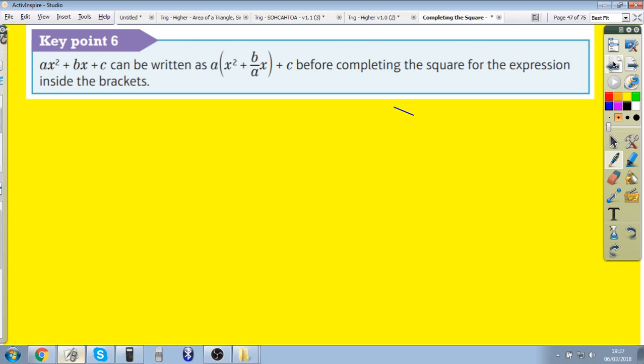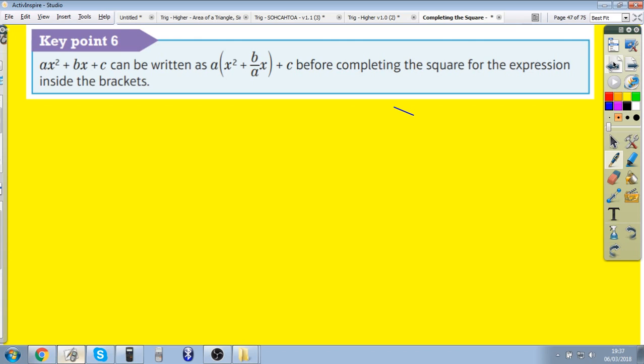And that equals 2, and then a square bracket, and then (x plus 3) squared, minus 3 squared, and the square bracket closes just after the minus 3 squared, plus 2.